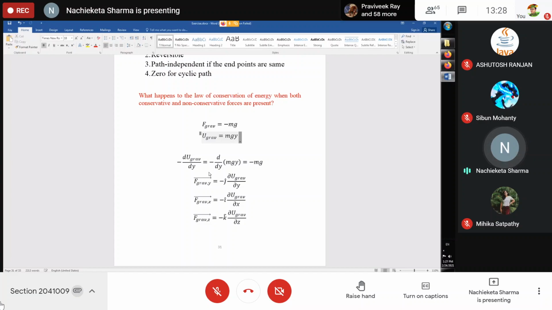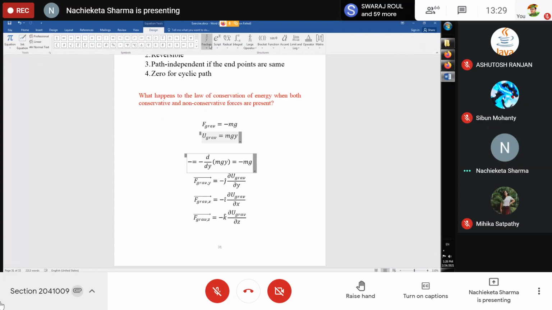So suppose, let us assume it is a function of x, y, and z, then I will take the partial derivative. So the only difference is that here I will remove this dy, so let me write it.